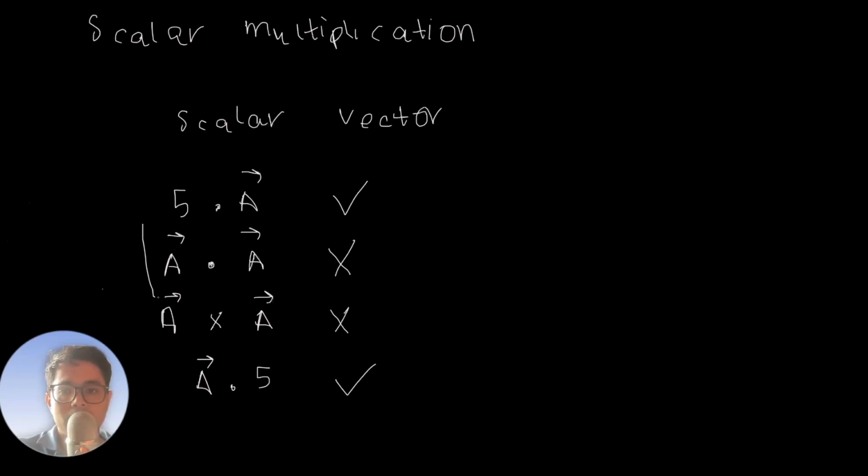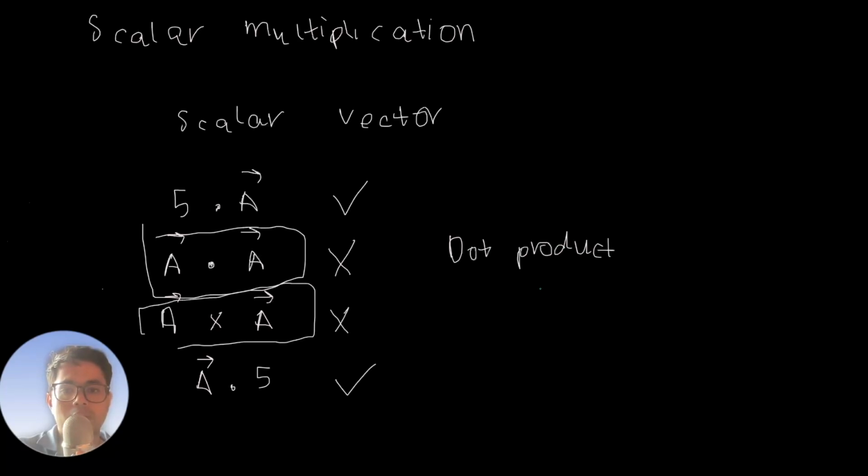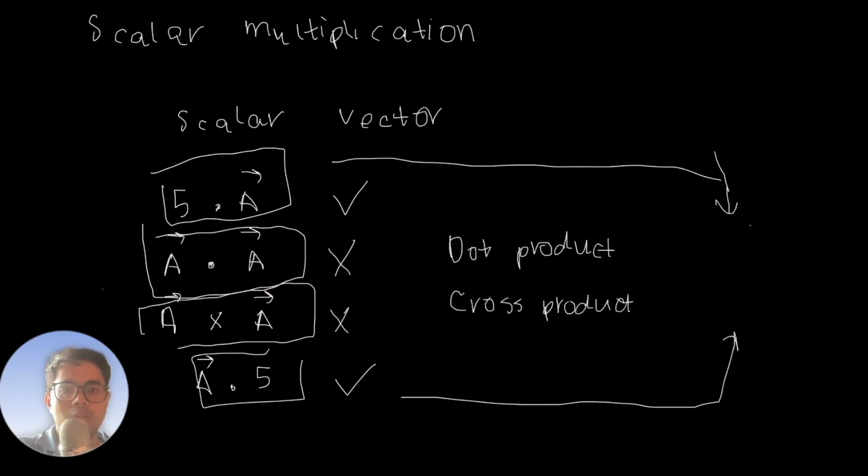Now this is the dot product, and this is the cross product, and this is scalar multiplication, and this is what we are going to talk about in this video.